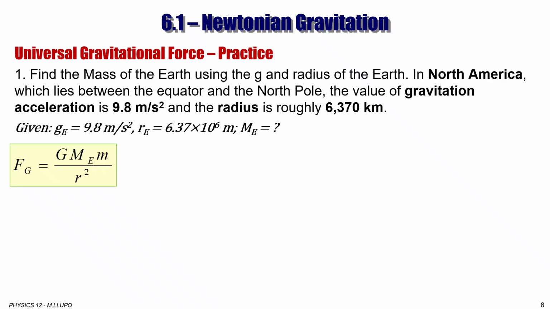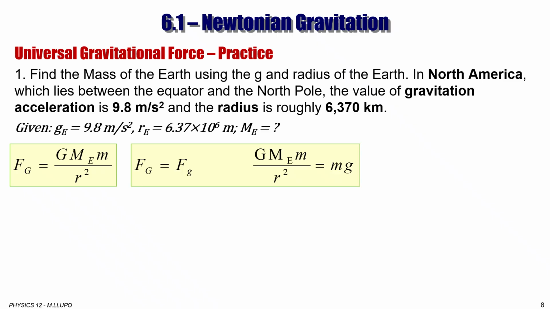The formula itself is Fg equals G times the mass of the Earth times the mass of any object, over r squared, where r is the distance between the center of the Earth and the center of the object. But since the object is going to be small, that is like the center of the Earth. So we know that universal gravitational force is equal to the force of gravity at the surface of the Earth that we used all the time in the past.